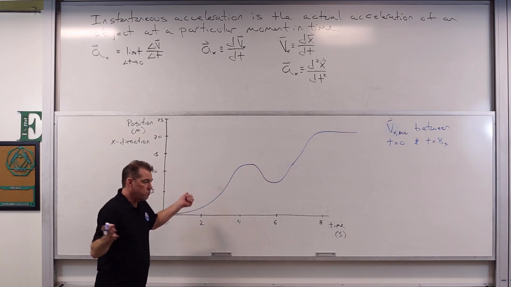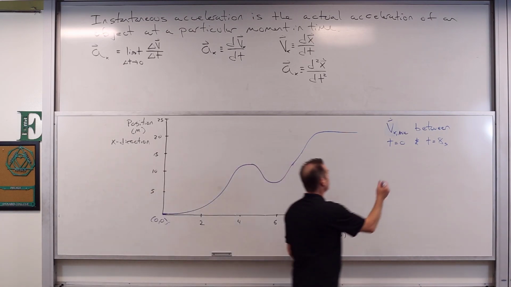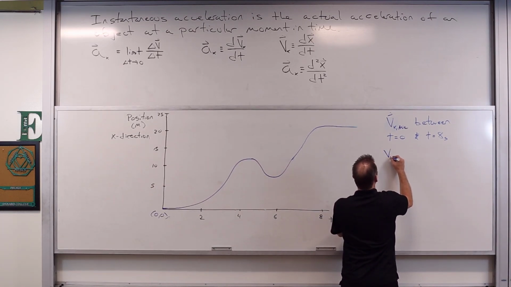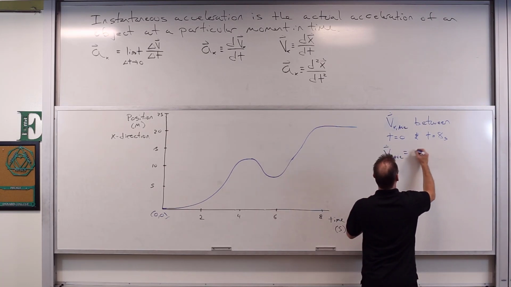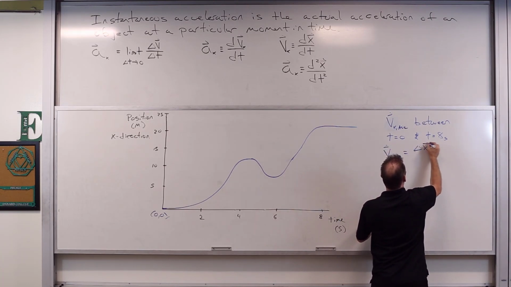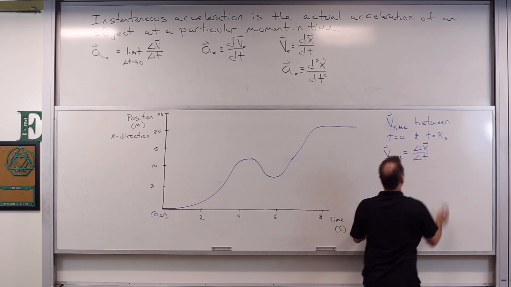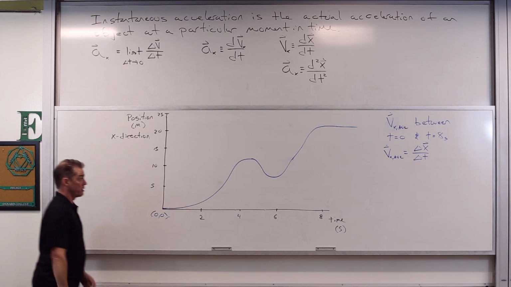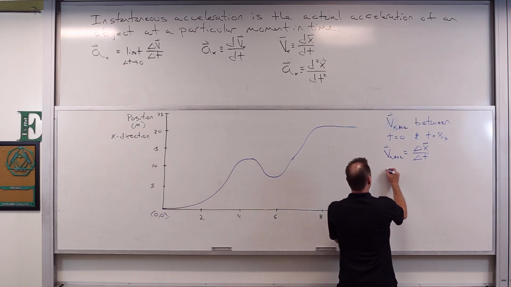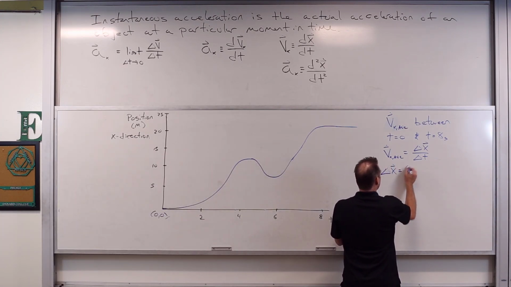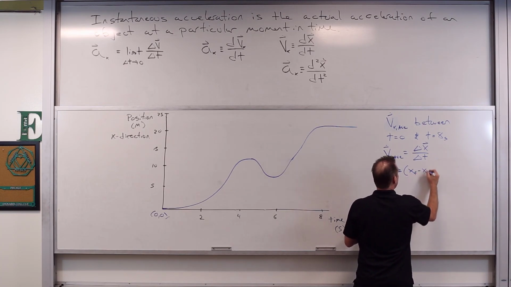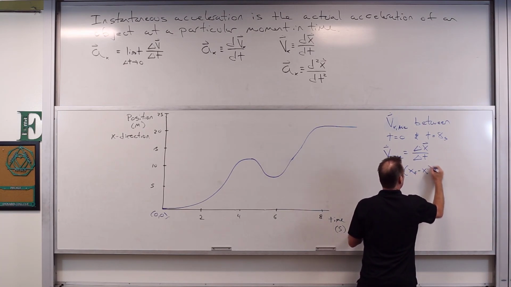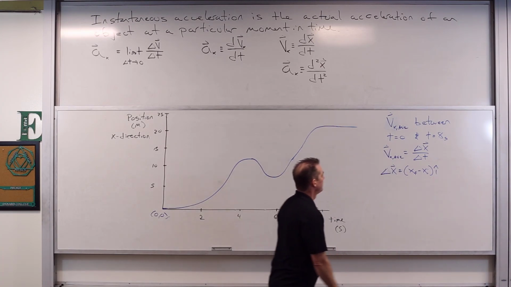Well, what do we do? Well, we know this, right? V sub x average is going to be equal to delta x hat divided by delta t. Well, we've got the times. What do we need to know? We need to know the positions. So we've got, again, delta x hat is equal to some x final minus x initial I hat.